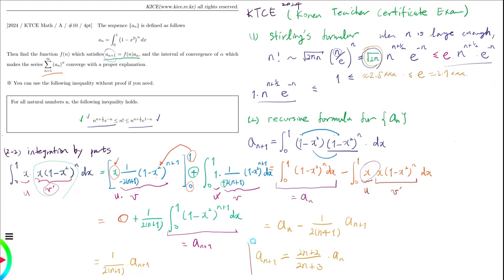This is our recursive formula, and the constant term here, which is a variable with respect to n, will be our function of n here.